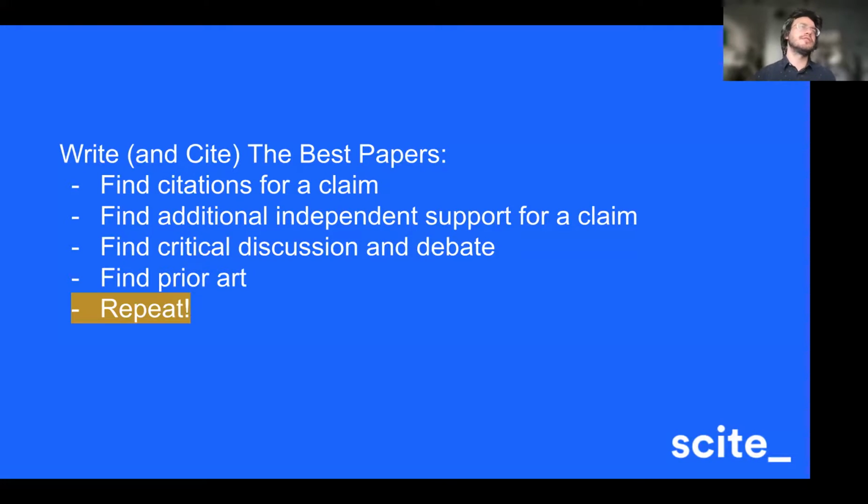It's because we surface the citation context, these citation statements that allow you to see what's being said about a paper without having to leave Scite and download or buy the full text, look for the citation, see if it's relevant or not, and do that hundreds or thousands of times until you find the 34 supporting citations.